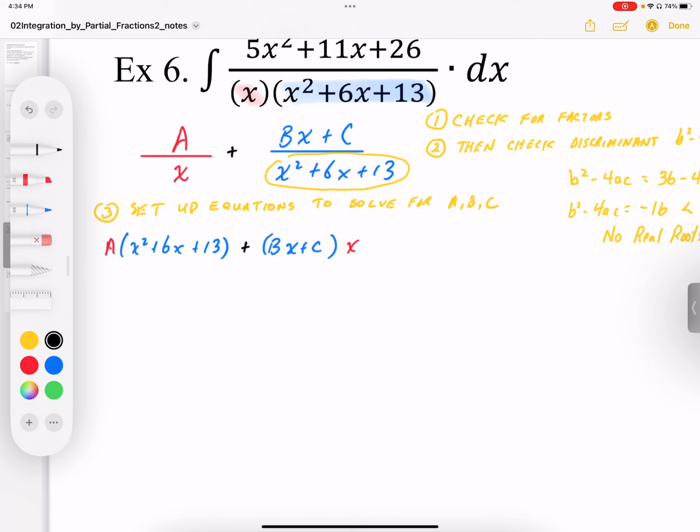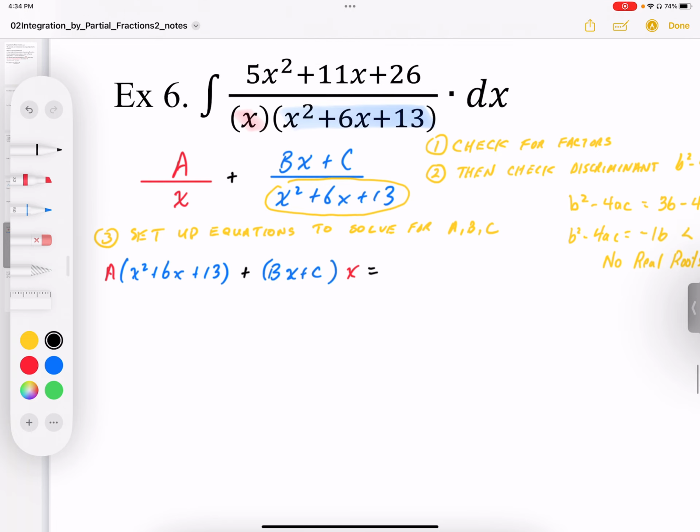We know this is equal to what we started with, which is 5x squared plus 11x plus 26.